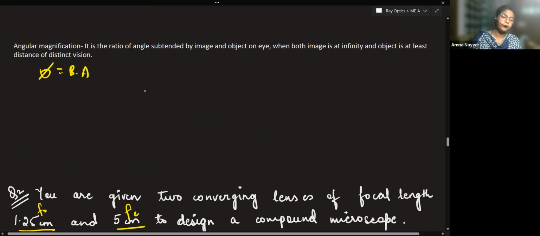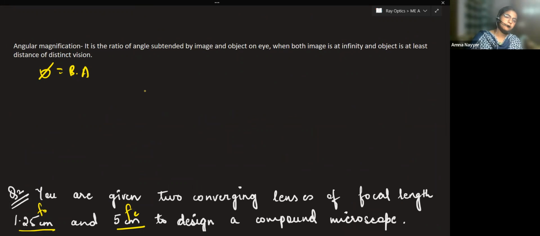Flux is B dot A. So area will be what? It will be L into V, so area is LVT. So flux becomes what? BLVT. Right, BLV into T. That is your flux.